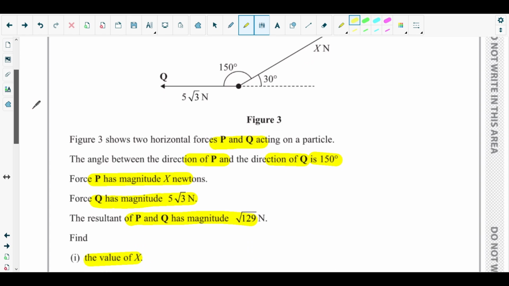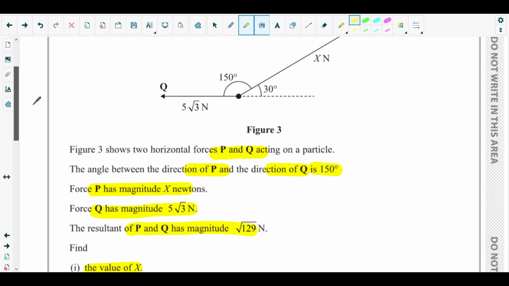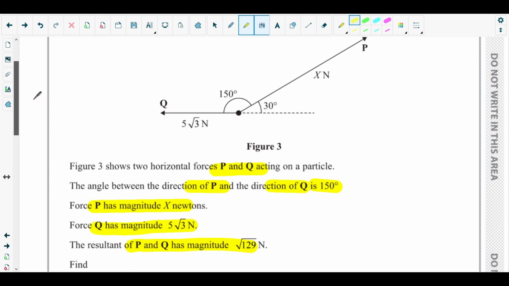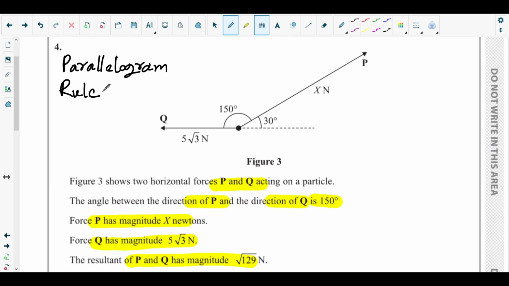Right at first we need to consider some concepts related to vectors. We need to use the parallelogram rule.